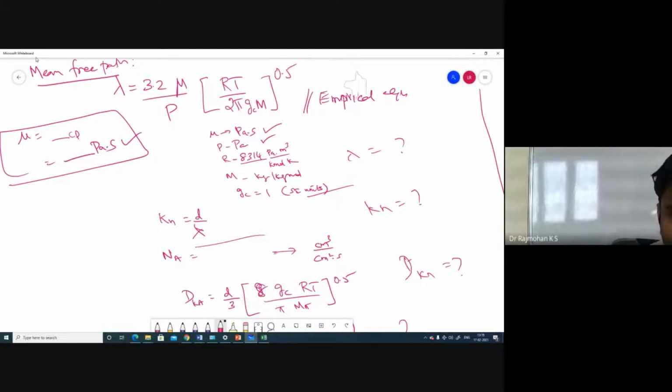That's important, because P is in Pascal, accordingly the R value you have to substitute. M, the molecular weight, should be in kg per kg mole. We know that for SI units, GC, the gravitational force constant, is 1. So from this, the first step is to find lambda for oxygen.